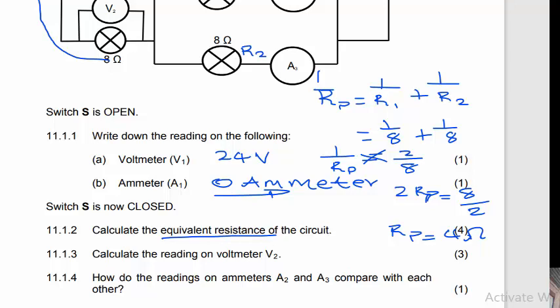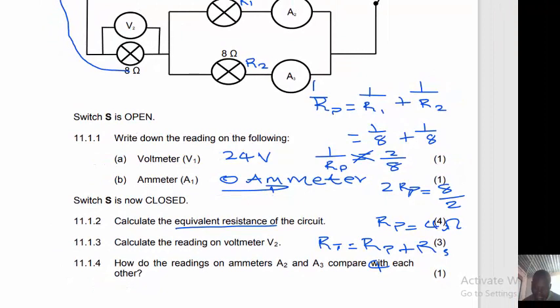So you'll have your R total, where you will go R parallel plus R in series RS. R parallel is 4, RS is 8 plus 8, therefore R total is equal to 12 ohms, right?